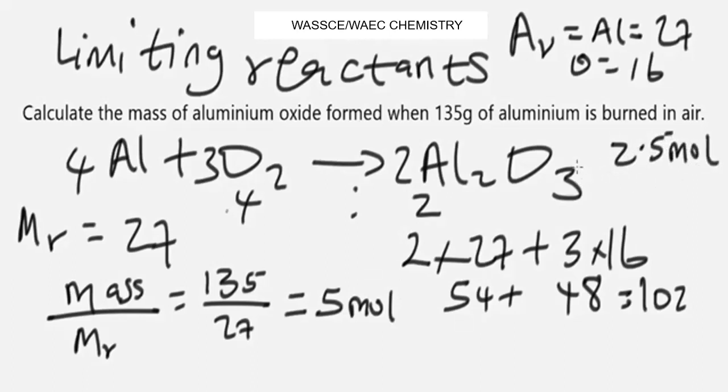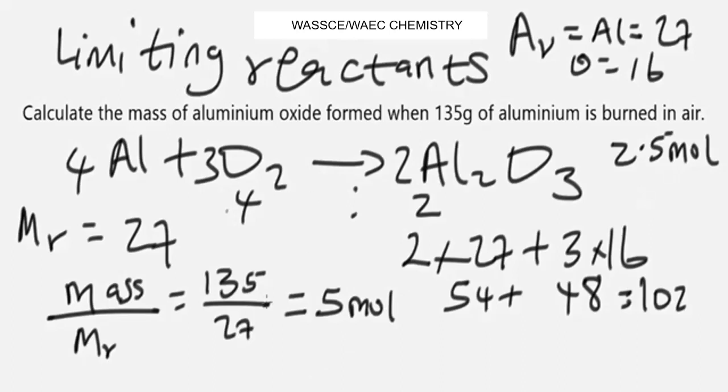So 2.5 moles of aluminium oxide is formed from 5 moles of aluminium that reacted in 135 gram of aluminium.